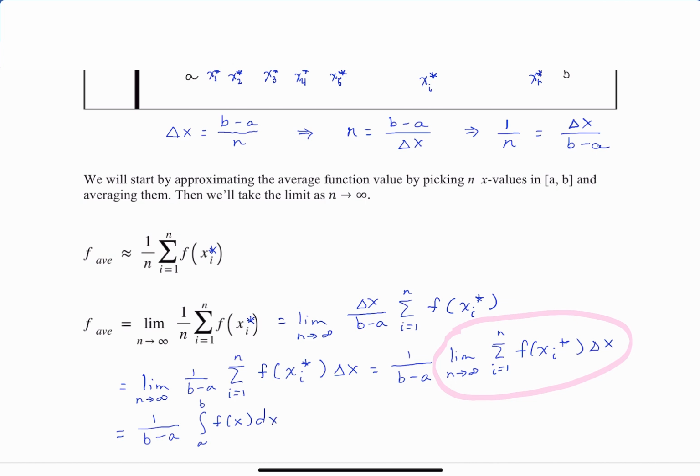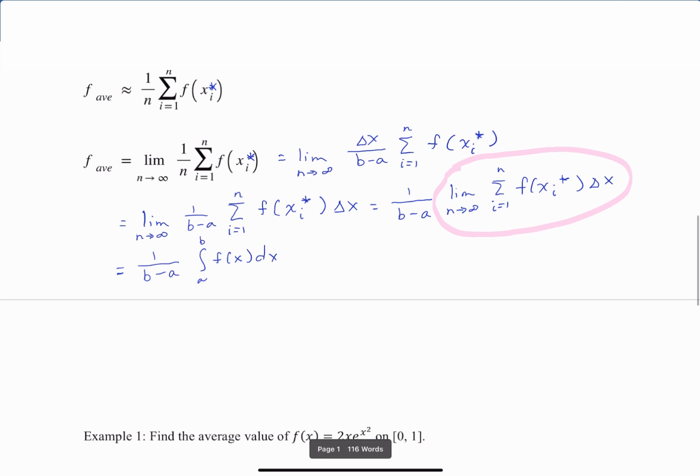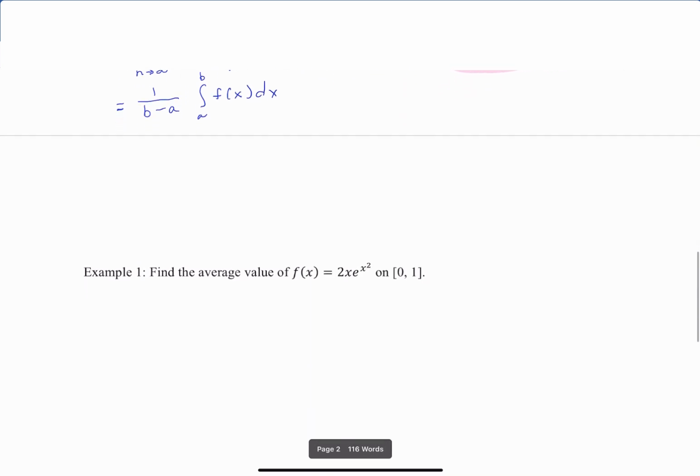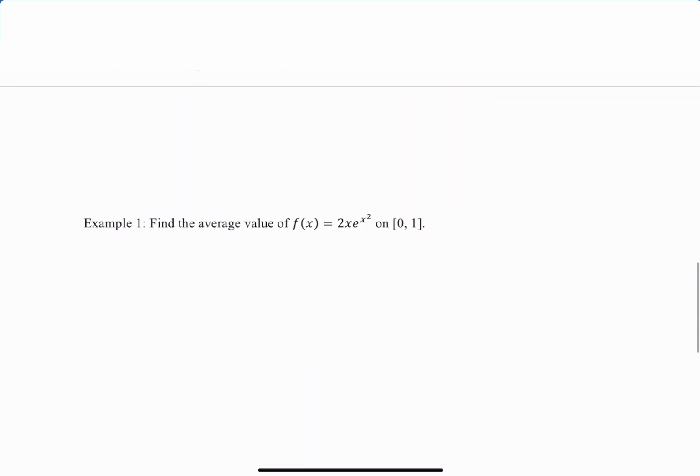In other words, our final formula for the average value of a function on the interval from a to b is 1 over b minus a times the definite integral from a to b of f of x dx. In the next video, I'll go over an example with you.